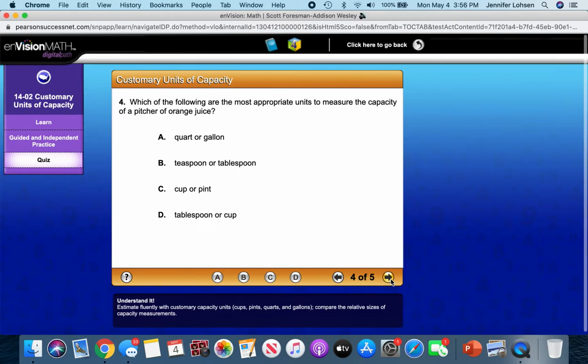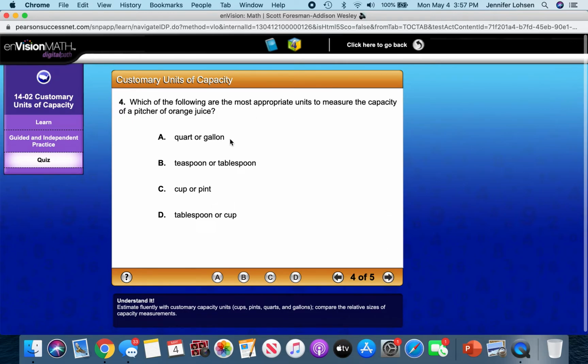So that's what I want you guys to visualize for a pitcher. A lemonade would be served in a pitcher sometimes. Anything along those lines. It's going to have a handle on it and hold liquids. So it's rather large, so that means that you're going to be sharing it with others. It's not a personal thing. A pitcher is something to be shared.